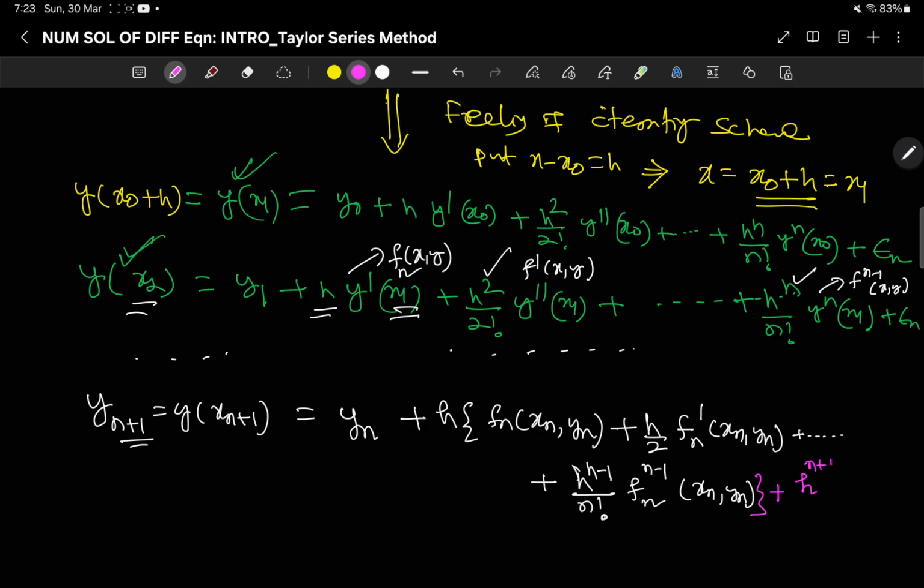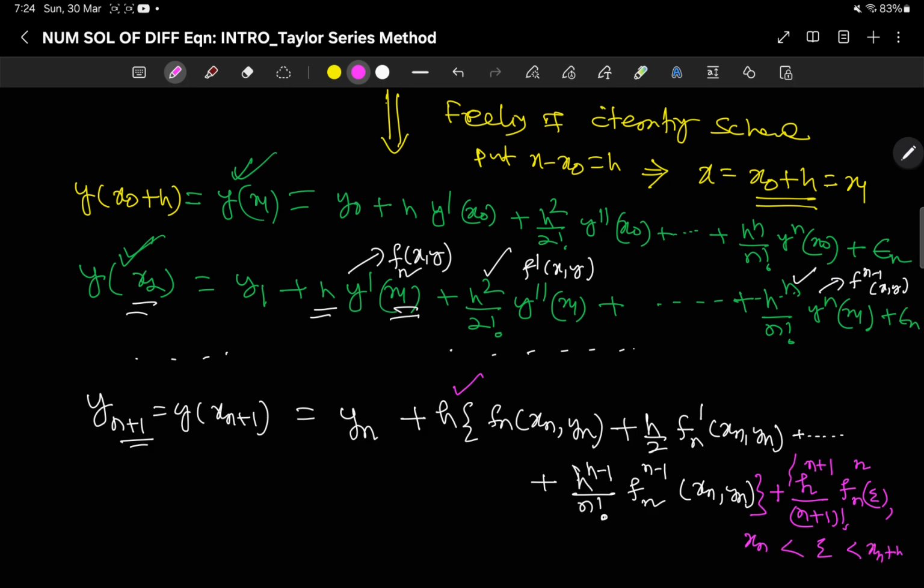The next term will be h^(n+1) by (n+1) factorial, because this h is here, again we have h to the power n, it is f's nth derivative at xn yn, or I may replace it by some point, say zeta, with this zeta lying in between xn and xn plus h.